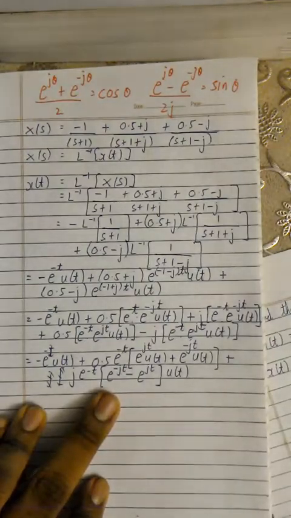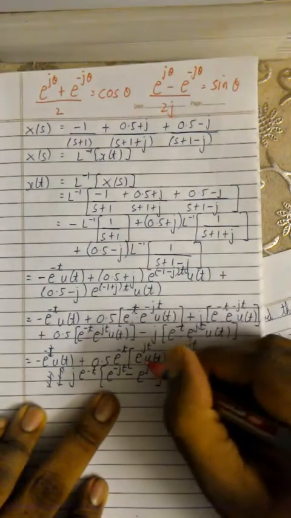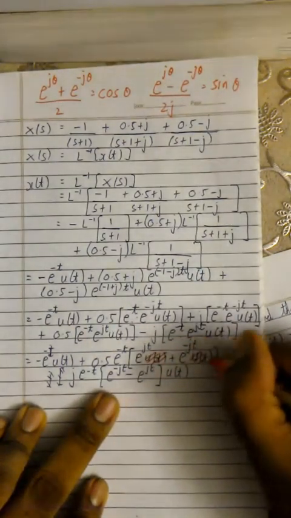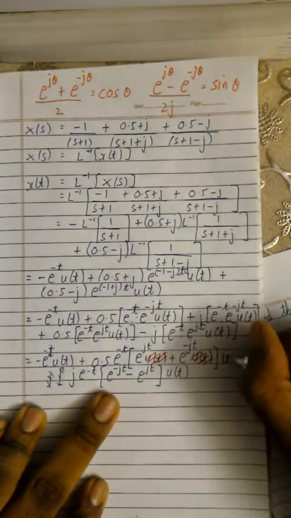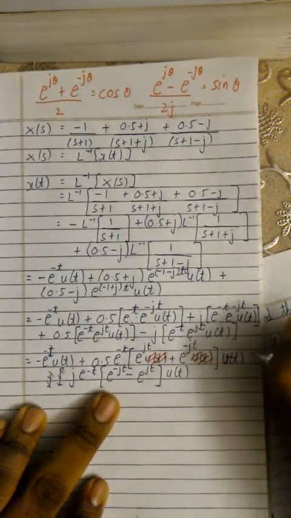Here also I can take u(t) common, no need to write it inside the bracket.